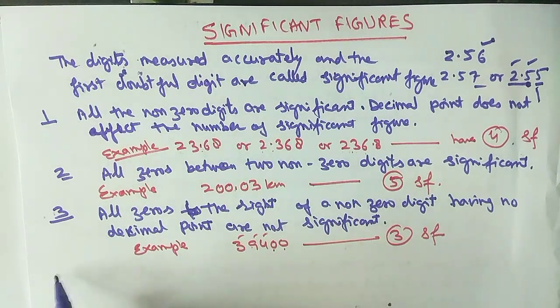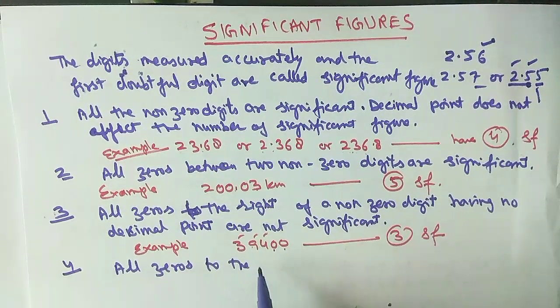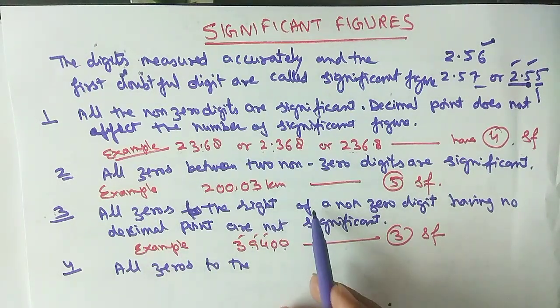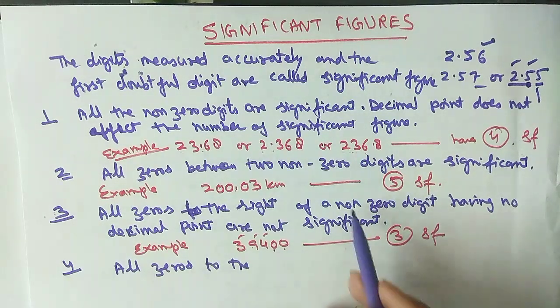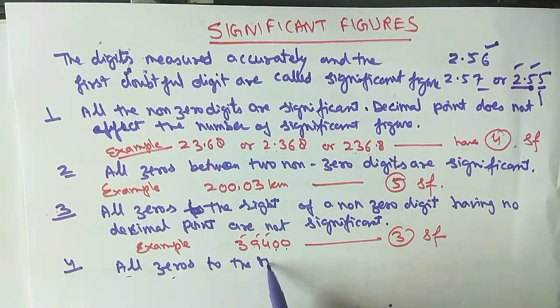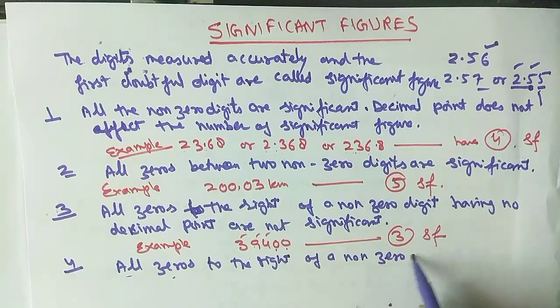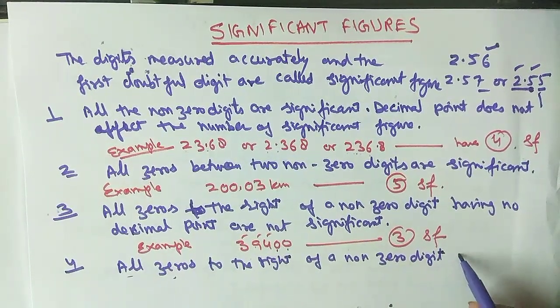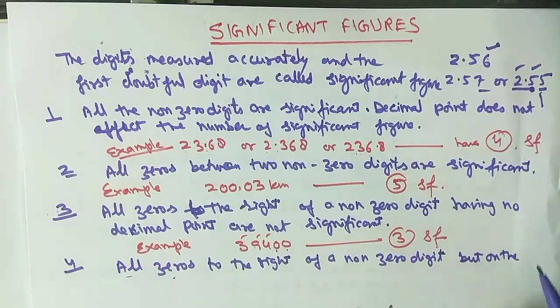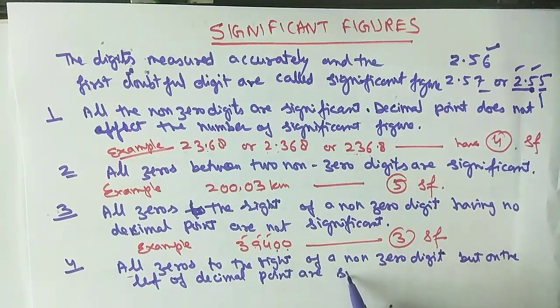Now come to the fourth rule. The fourth rule says all zeros to the right of a non-zero digit, but on the left of the decimal point, are significant.